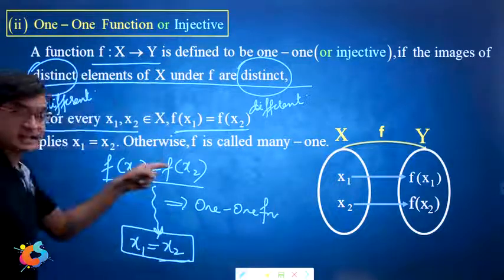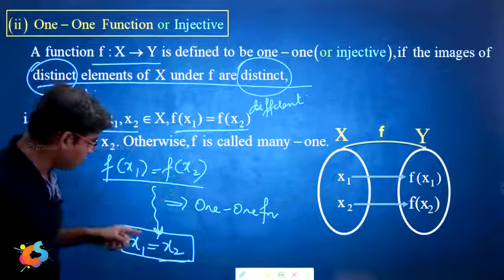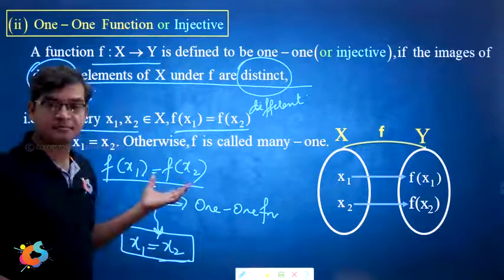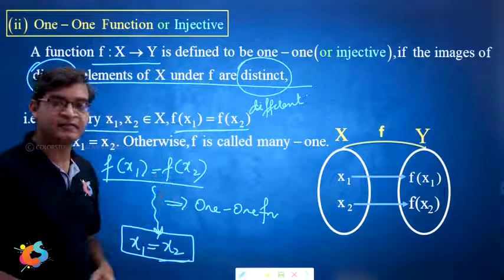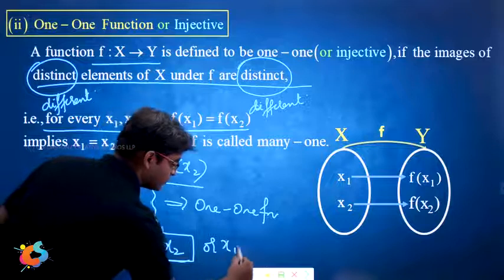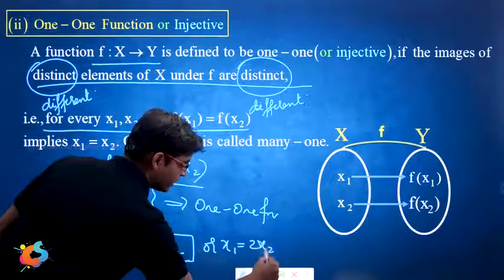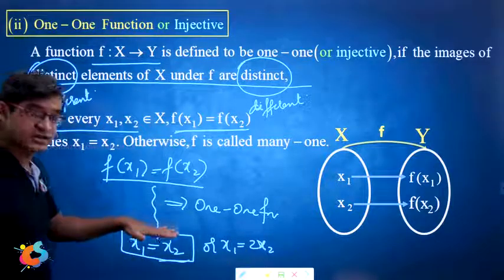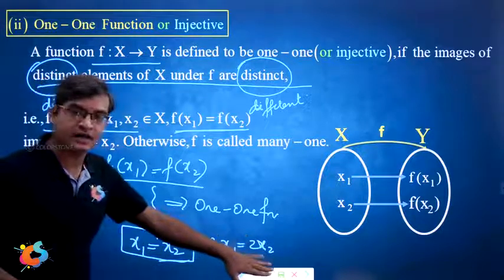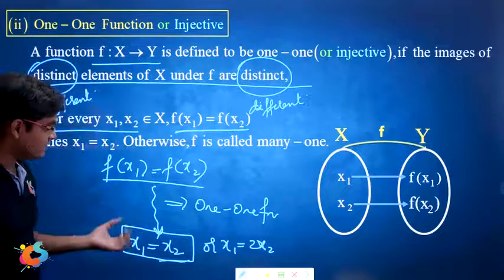If the images are same, then the elements also should be same. Only then this can happen. Then that means it is a 1-1 function. Let us say you got X1 is equal to X2 or X1 is equal to 2X2 also. Okay, you solved all of the equations and finally you got X1 is equal to X2 or X1 is equal to 2X2. That means, what is it saying?